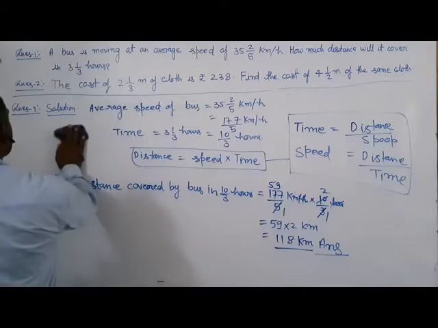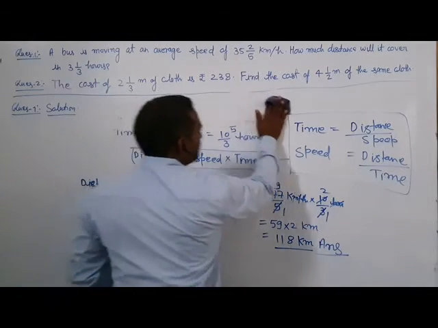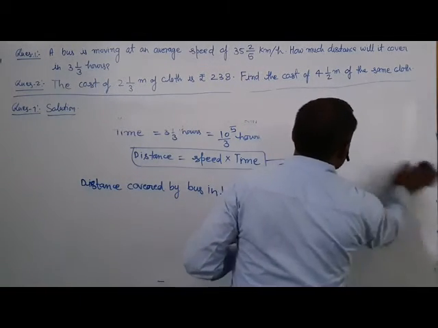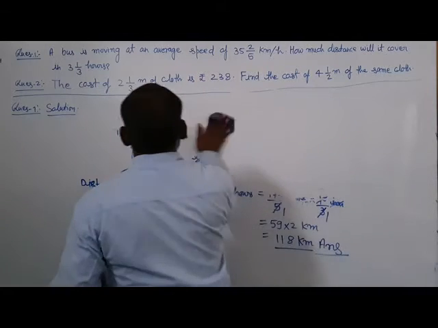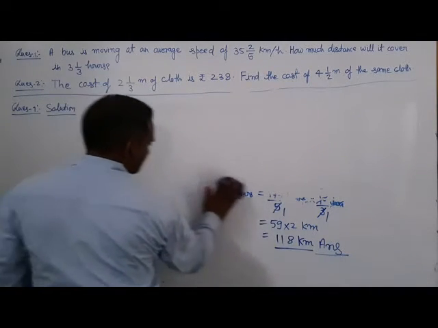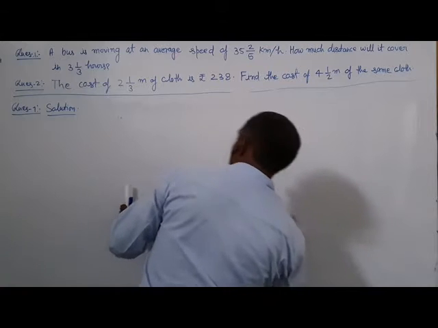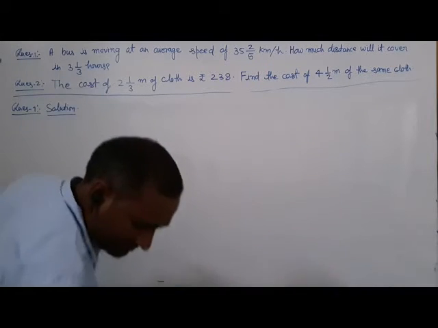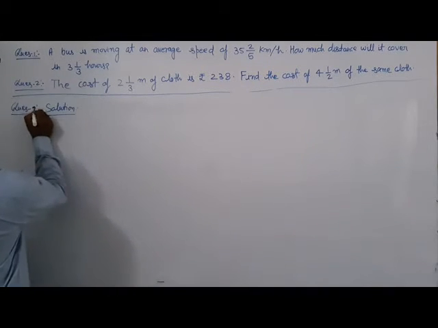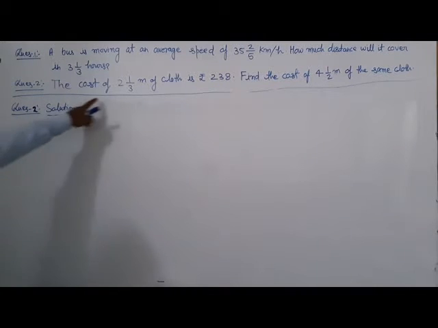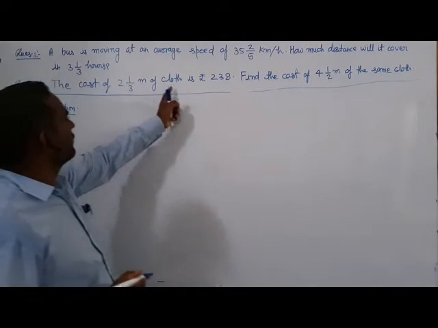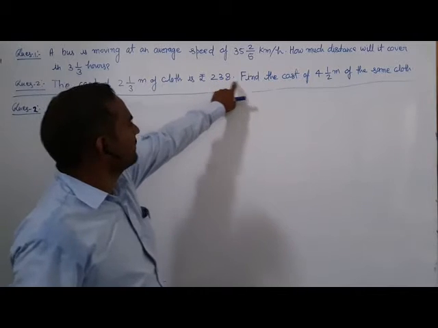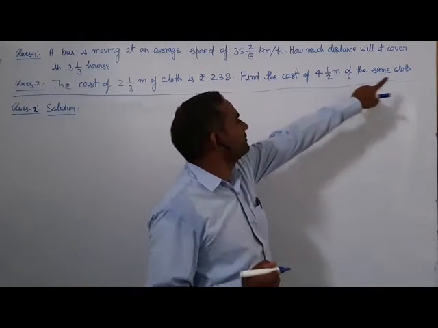Now solve question number 2. The cost of 2 1/3 meter of cloth is 238. Find the cost of 4 1/2 meter of the same cloth.